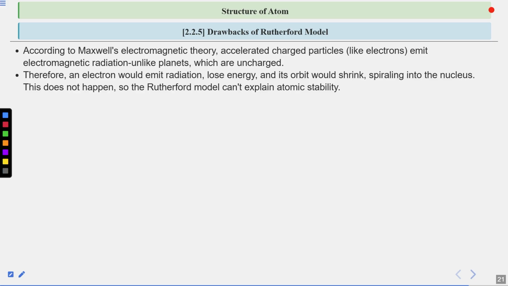Now, if it is true, then the electron would continuously emit radiation, and as a result continuously lose energy, and finally, on losing all of its energy, the electron will drop into the nucleus, or sink in the nucleus, therefore collapsing the whole atom. So the Rutherford model was first of all not able to explain atomic stability.